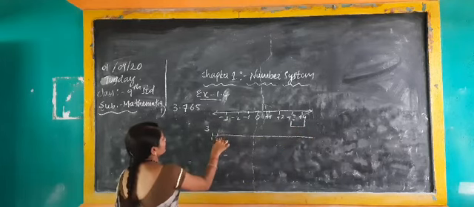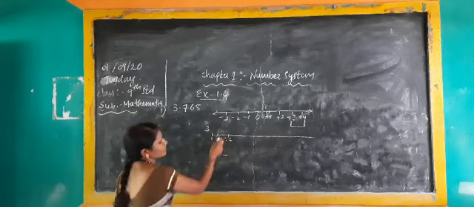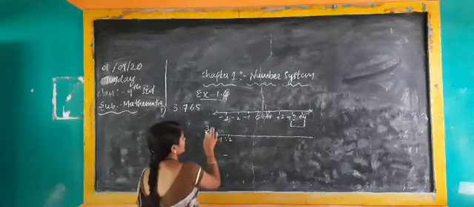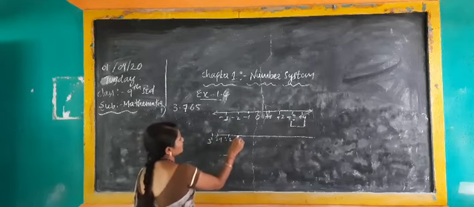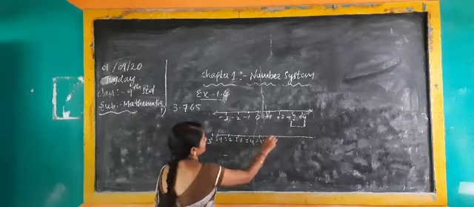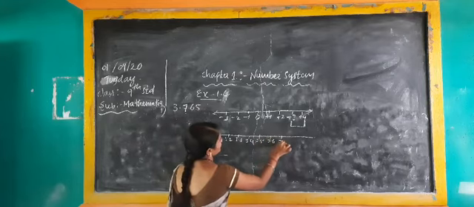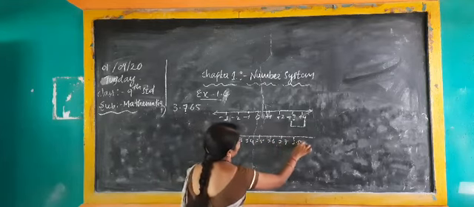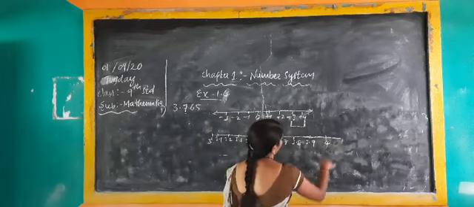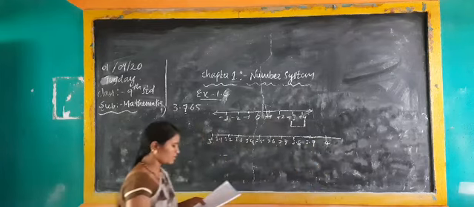Next 3.1. In the scale, 1 unit you should take here: 3.1, 3.2, 3.3, 3.4, 3.5, 3.6, 3.7, 3.8, 3.9, and here should be 4.